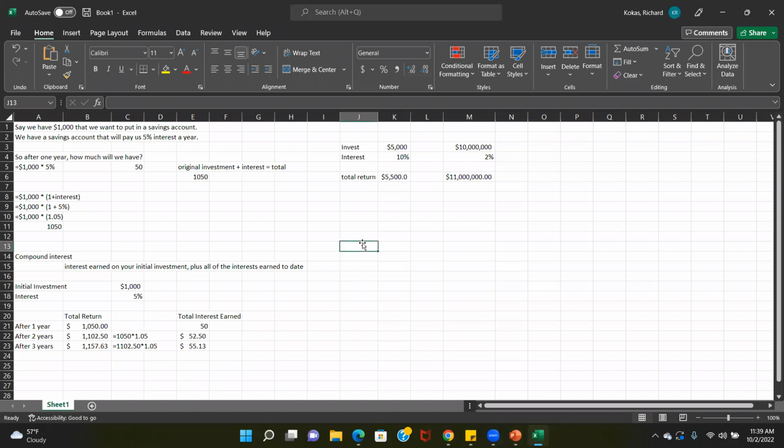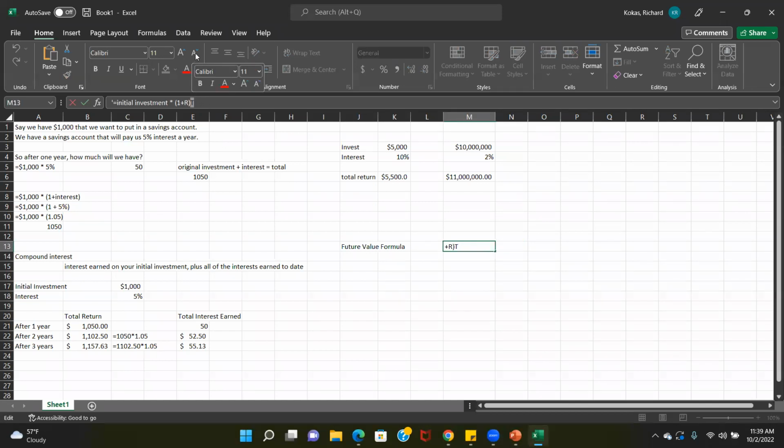Future value formula equals initial investment times 1 plus R, and R stands for the interest rate, and then raised to T. And I'm not sure if I could raise the T to show you. Let me see. Hold on, I'm just playing with Excel. That decreases the font size. Can I make it a superscript?